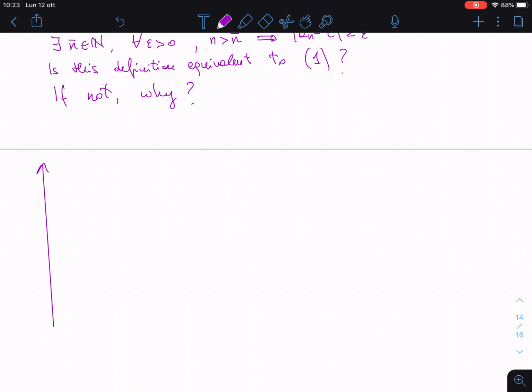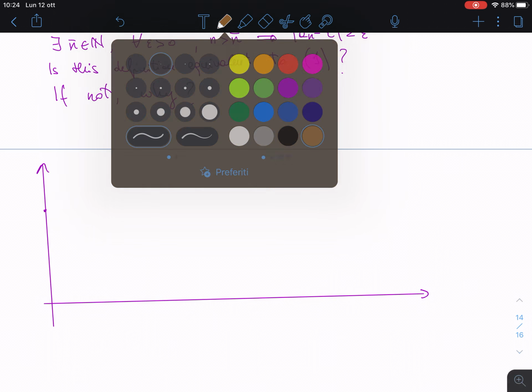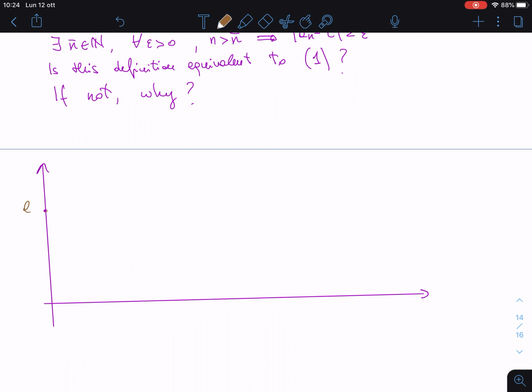So, things like this, you have a limit L here, here you fix epsilon, and you have here L minus epsilon, L plus epsilon.